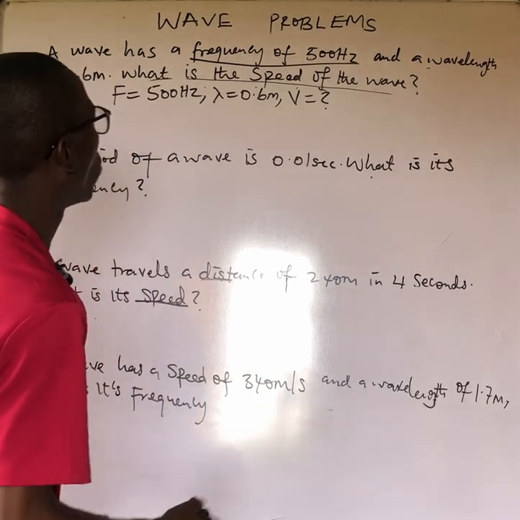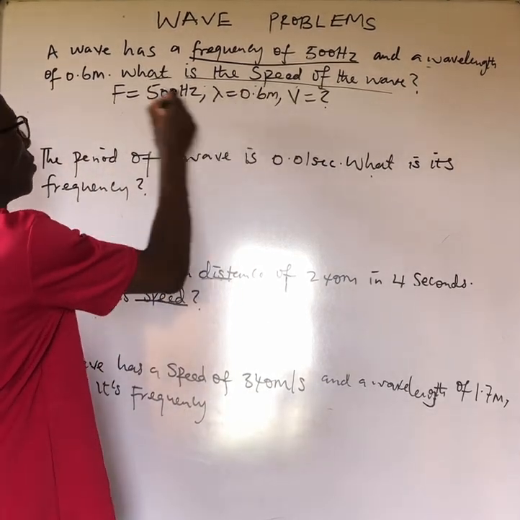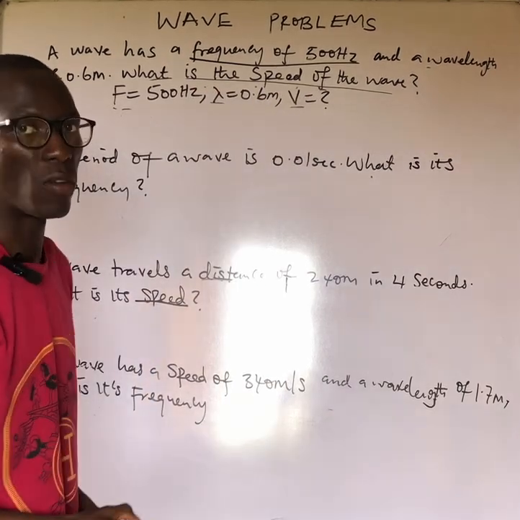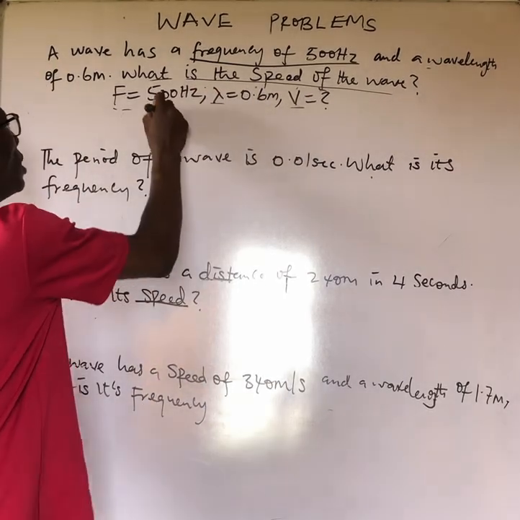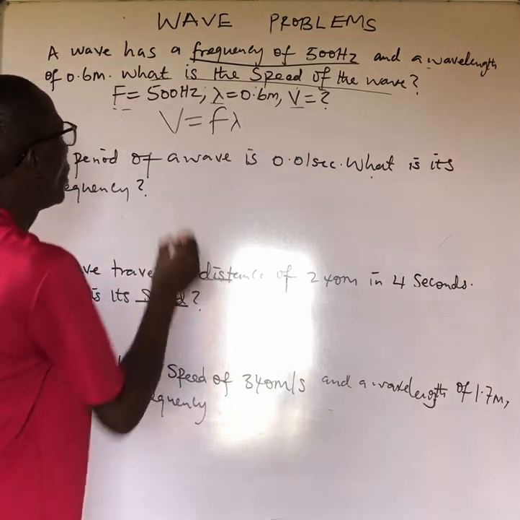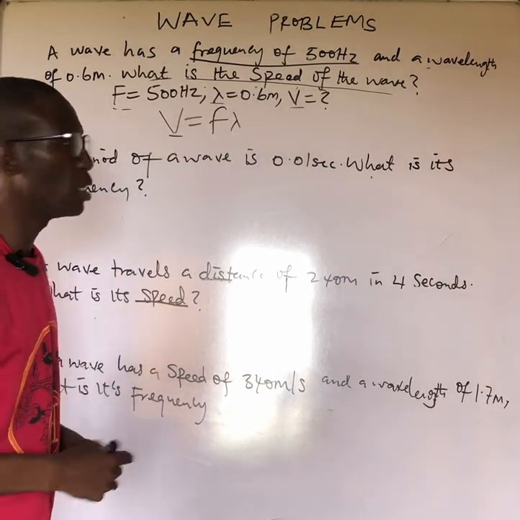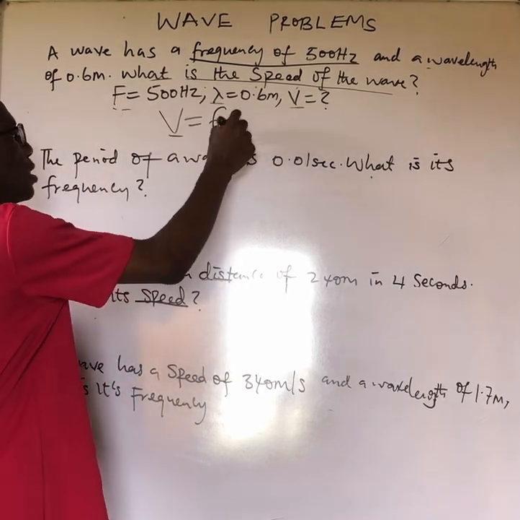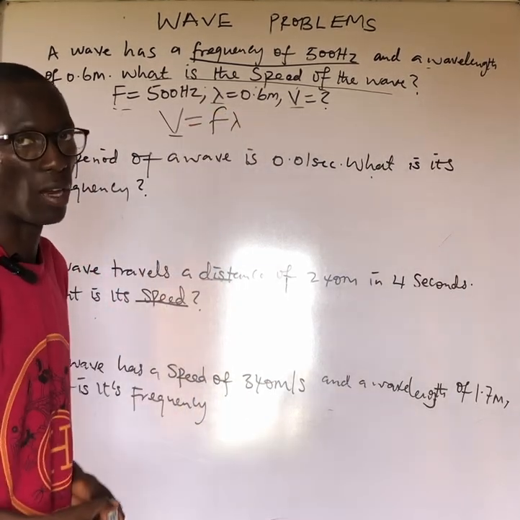So what is the formula that connects the frequency, the wavelength, and the speed? The formula that connects these three is v = fλ. V is the speed, f is the frequency, and this is the wavelength, lambda.